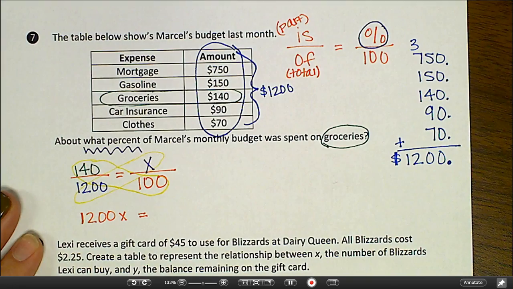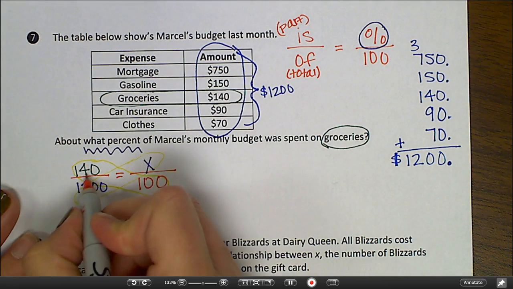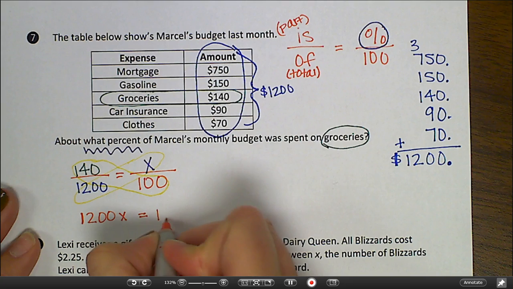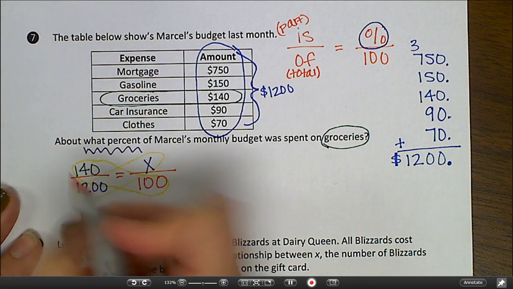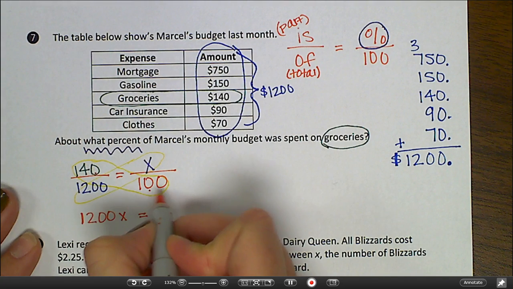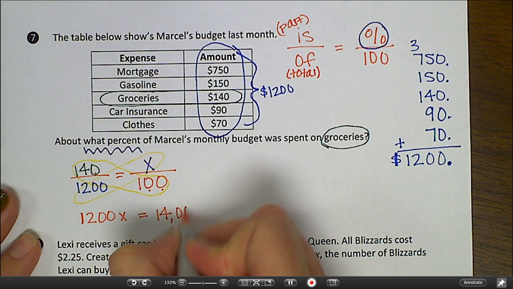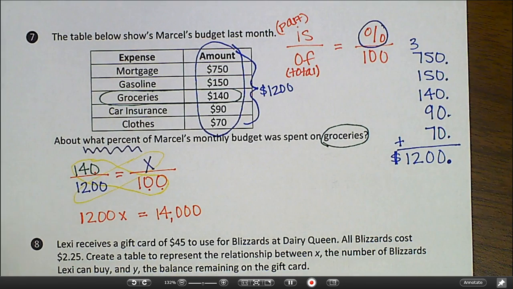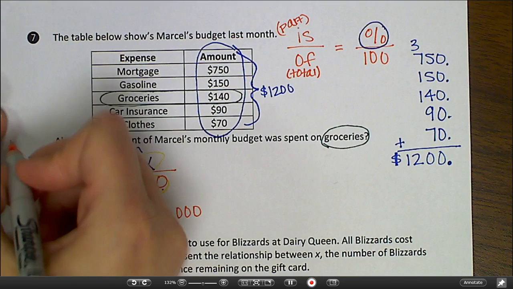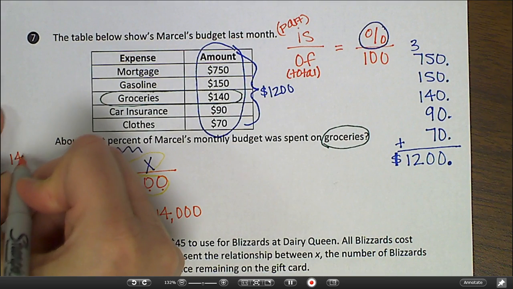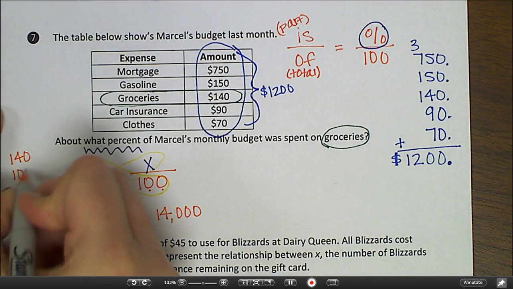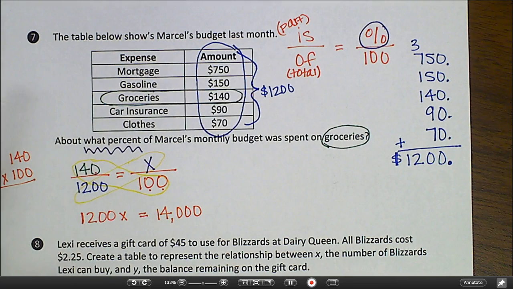So if you want to do the trick, 14 times 1 is 14, and then I need to add 1, 2, 3 zeros. Or, if you prefer to just do it as side work, 140 times 100, you can pause the video and work that out and make sure that you have 14,000.